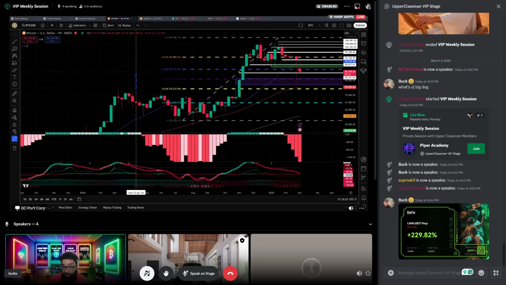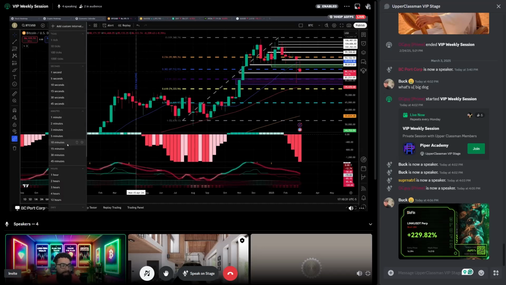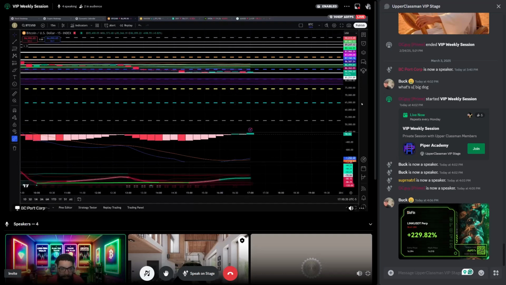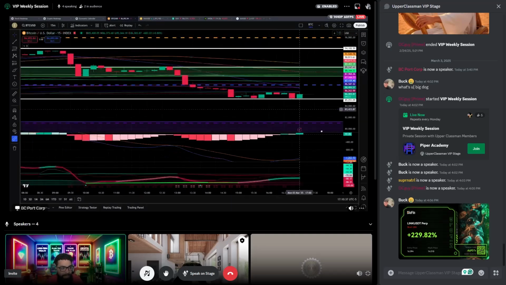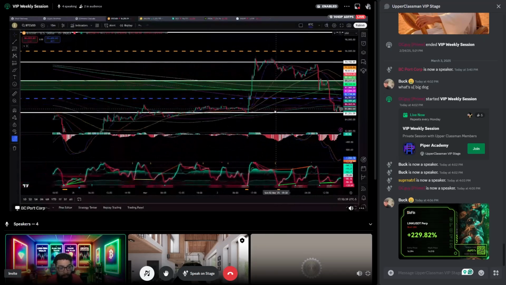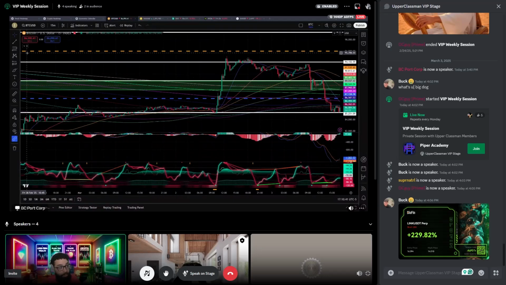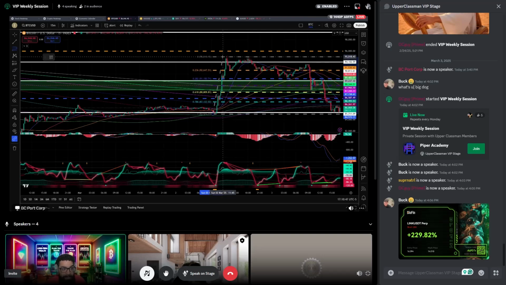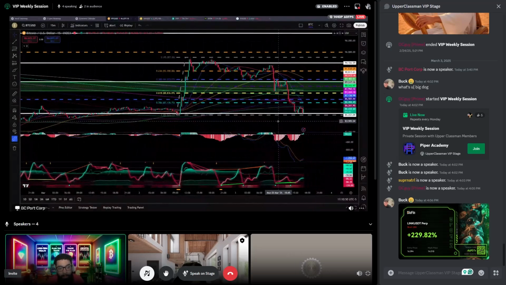If I'm going off of the range that we're in, I'll zoom into a 15-minute here, and you can pull from your low here to your high here for short term time frames. Then you can see we're playing back at the bottom of the range, but we paused right there at that platinum pocket.